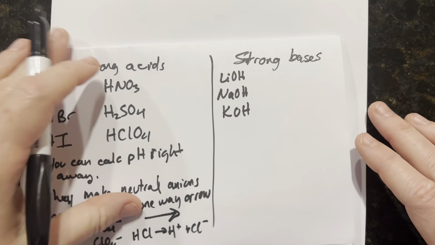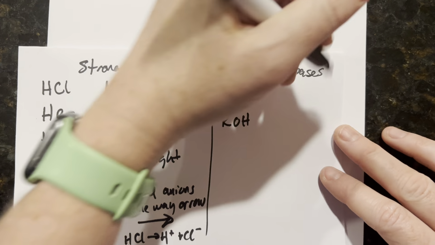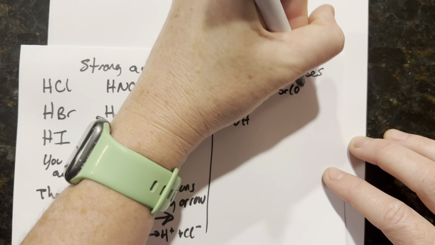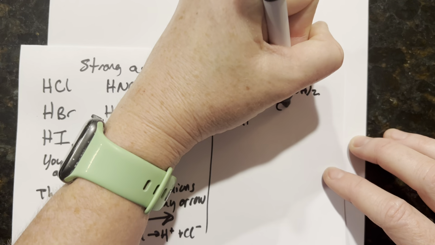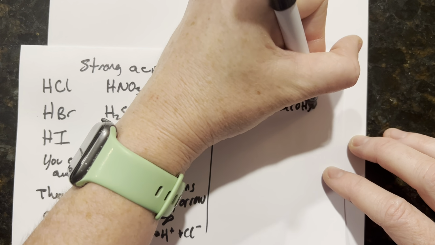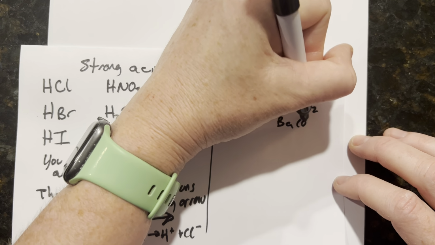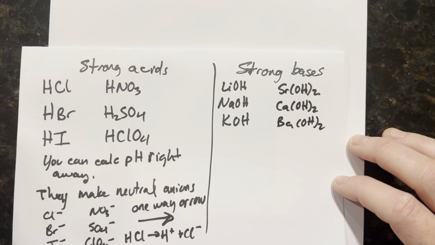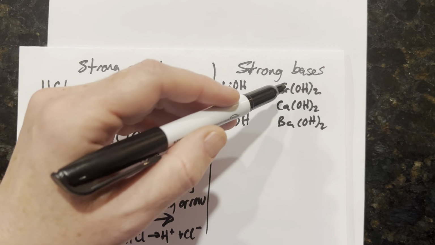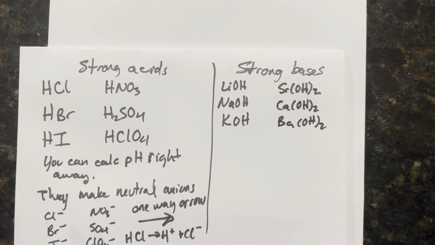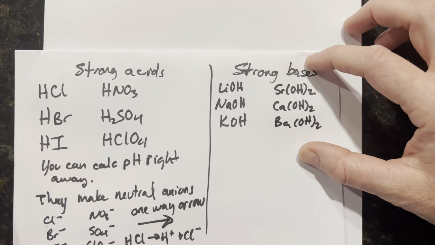However you're going to memorize it. And then we have strontium hydroxide, calcium hydroxide, and barium hydroxide. So, SrCaBa, I don't know what that would be, but however you're going to memorize it. So these are going to be our strong bases.